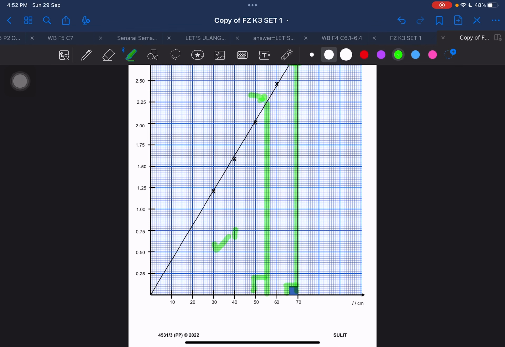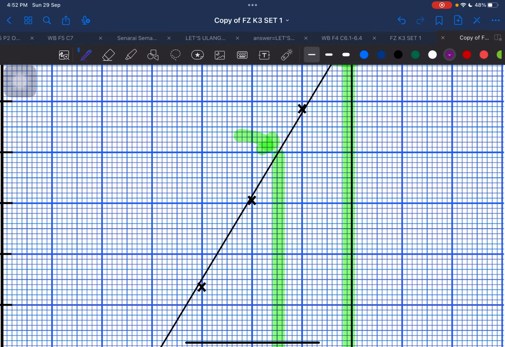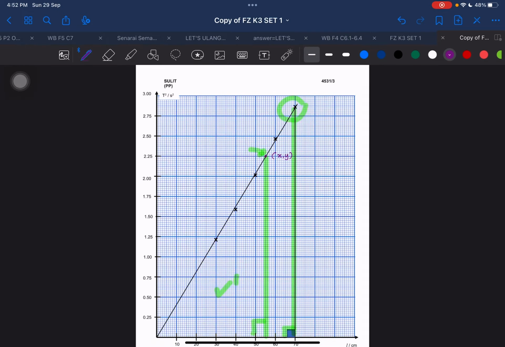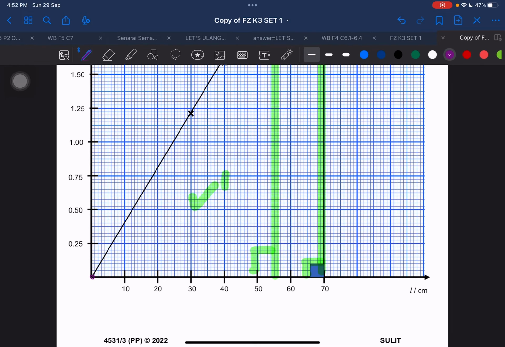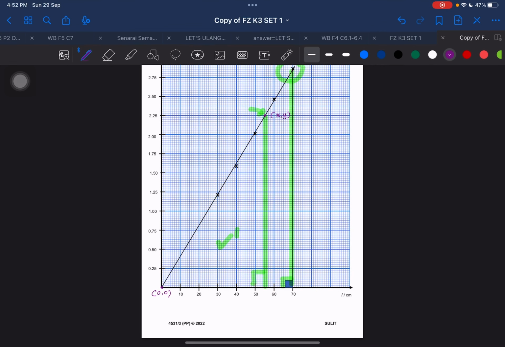Then it's good to write the coordinates here. What is the coordinate here? Let's say I just put x, y. Here will be another coordinate, 0, 0. Alright, so gradient, but you need to write in the column provided. What symbol do they use?